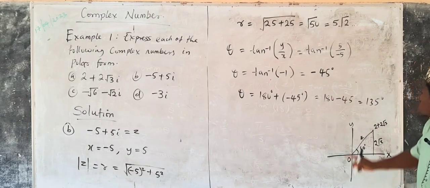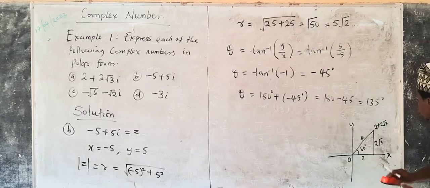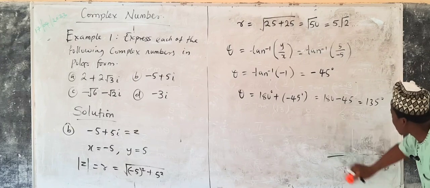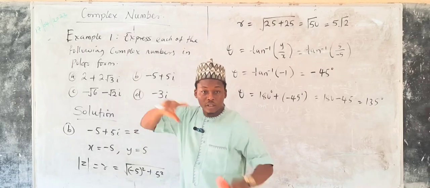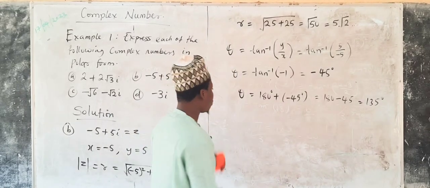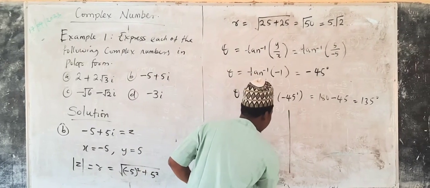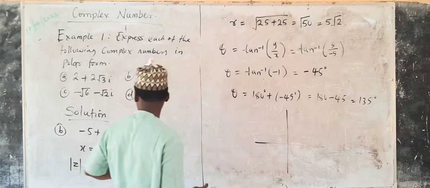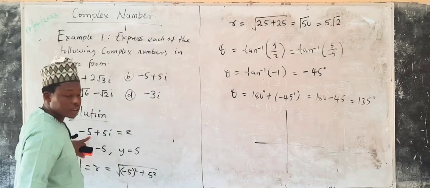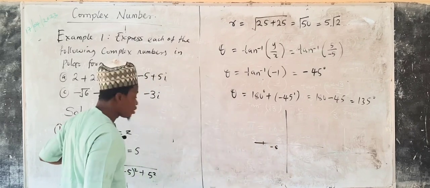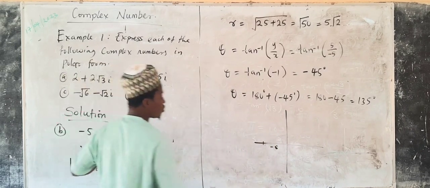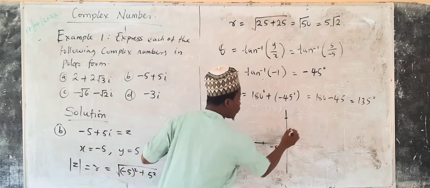And to verify this, we can check by representing this complex number in the Cartesian form. And look at this. What is our x-axis? It is minus 5, right? So here is minus 5. And our y is 5. So here is 5.